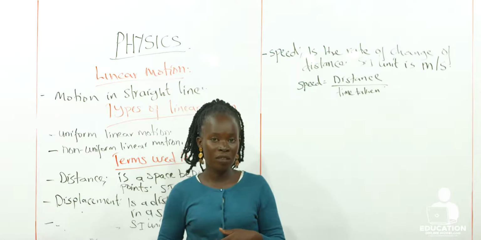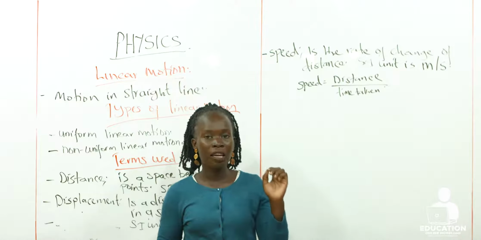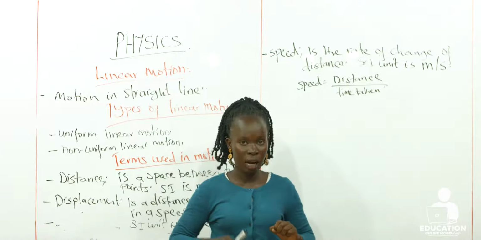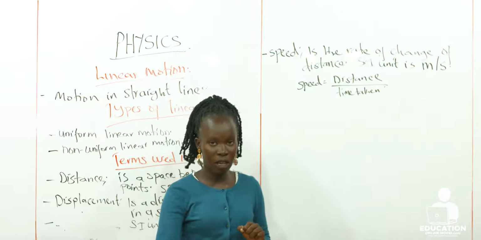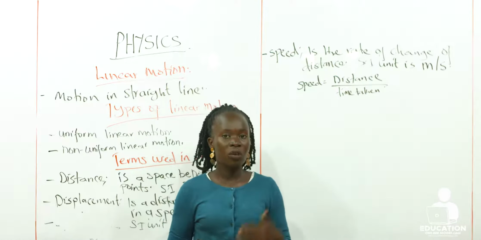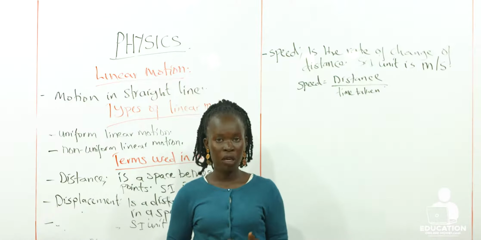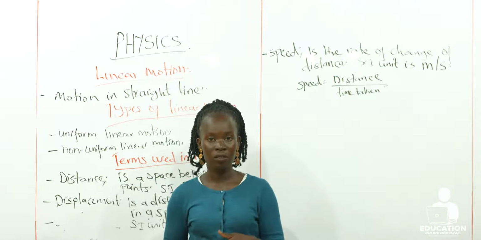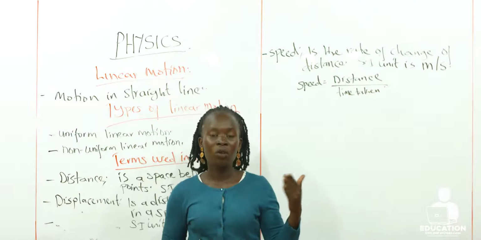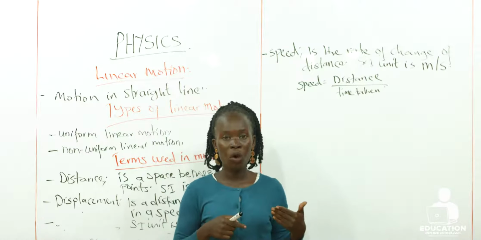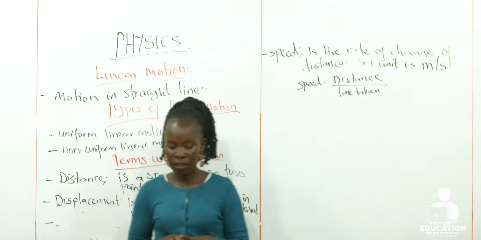You measure this distance and divide it by the time from when you started your journey up to when you reached there. Then you will know what speed you used from your home to the trading center.